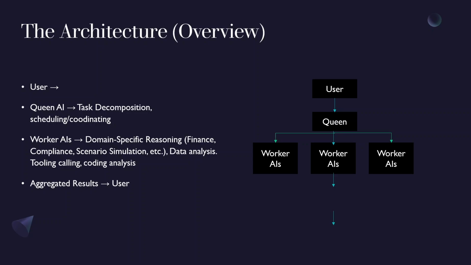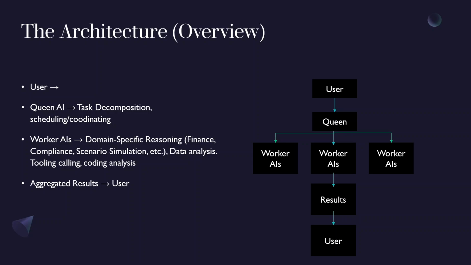The Queen AI will dispatch the tasks with coordination, and task decomposition to the worker AI, telling the AI what to do. There will be an algorithm for that. And then the worker AI will fetch the data and run simulations or analyze inputs, and then it will send the results back to the Queen AI, and then the Queen AI compiles a final and cohesive answer to present to the user.